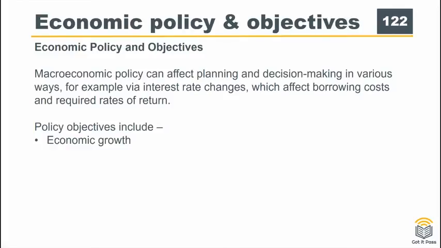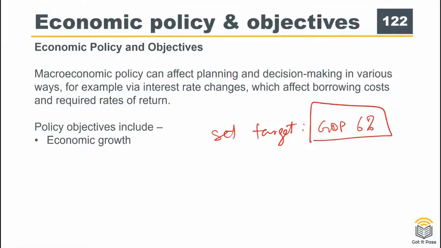If the government sets a target, say the economic growth, like the GDP growth, is 6%, as the national policy, then the steps or the policy will aim at 6% GDP growth.